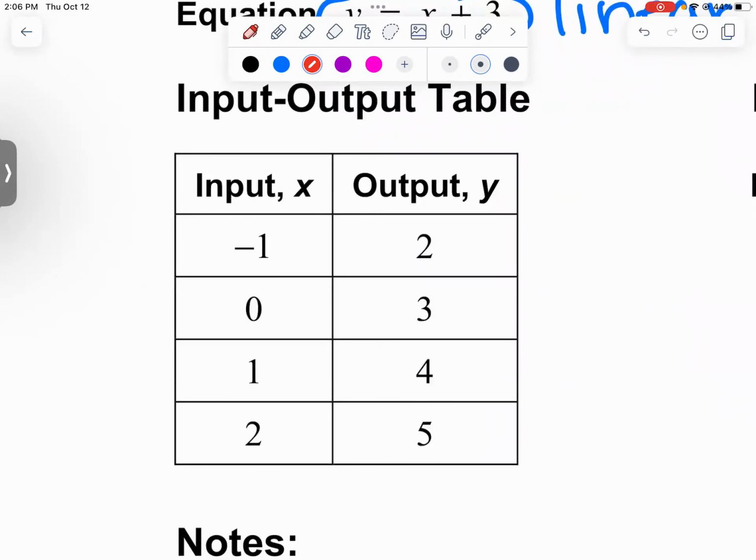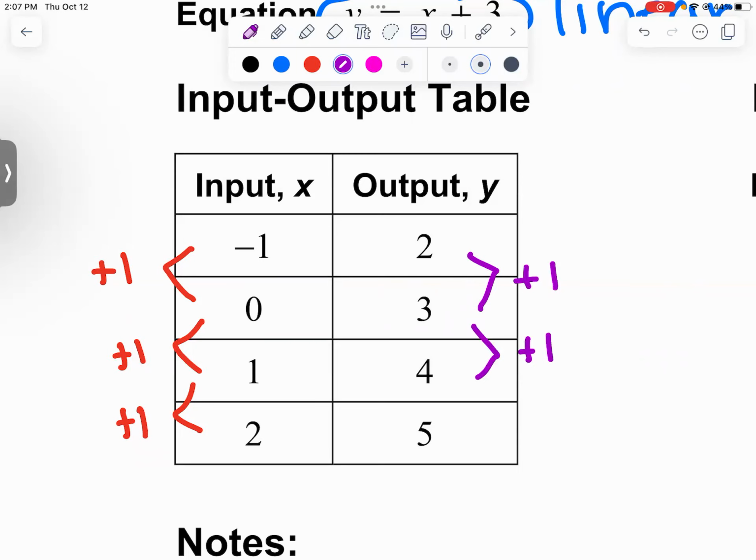Okay, so Kyron, how do I get from -1 to 0, I go up how many? 0 to 1. 1 to 2. Right now, my x's have a constant rate of change. What about my y's? 2 to 3. 1. 3 to 4. 1. 4 to 5.